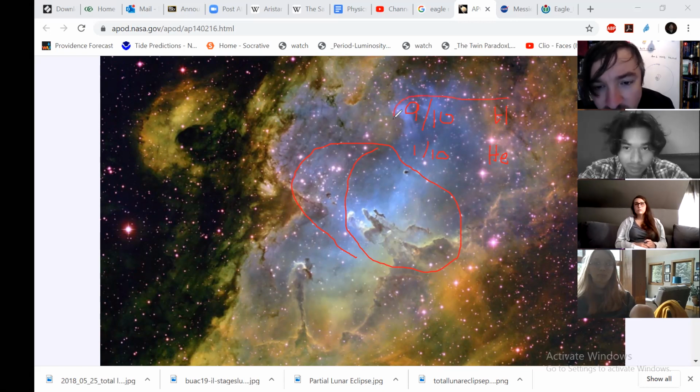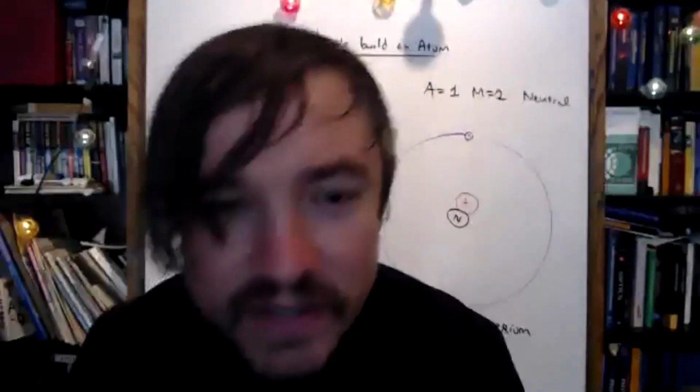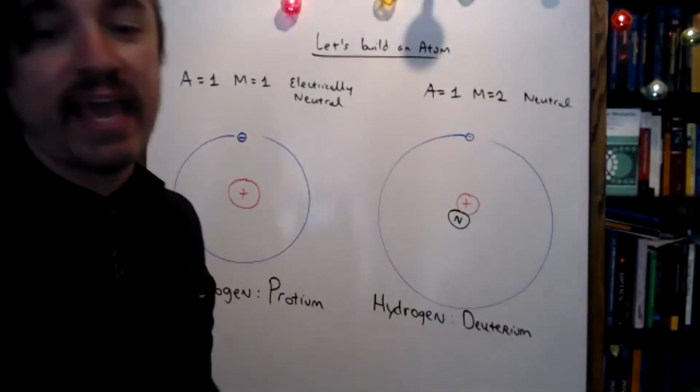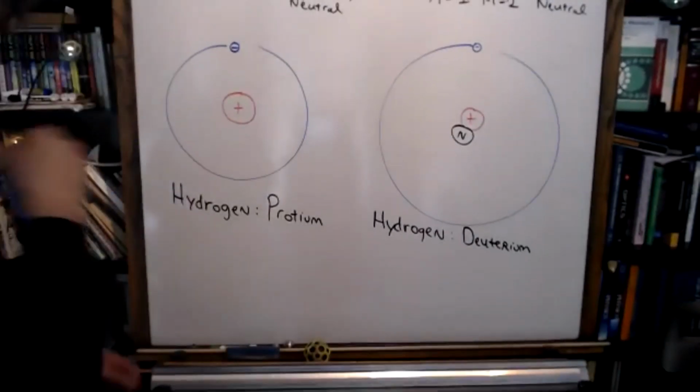Suppose I were to just throw away the helium atoms because they're boring, and I were to sift through the hydrogen atoms. I would have to collect 6,000 protiums before I came up with 1 deuterium.